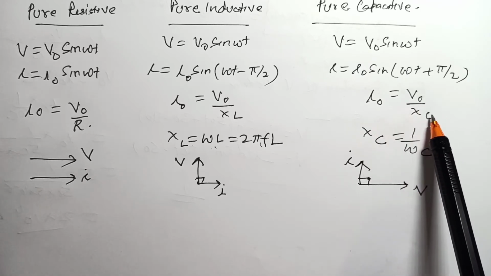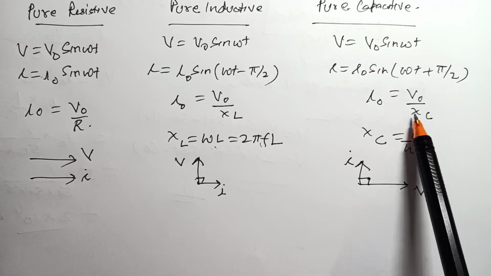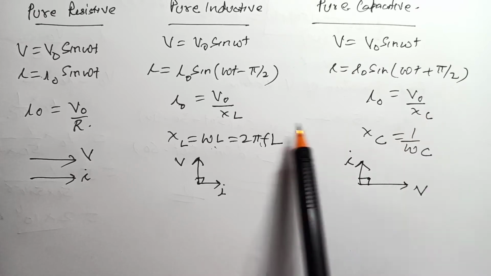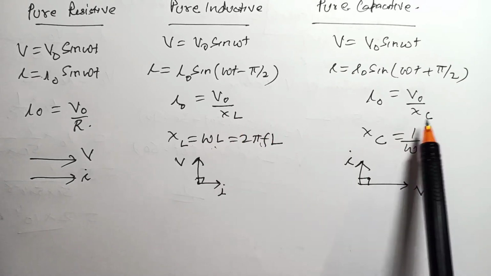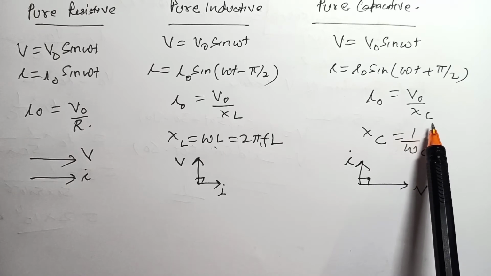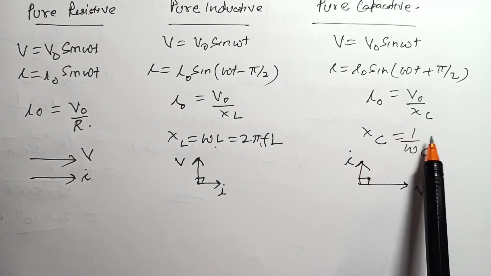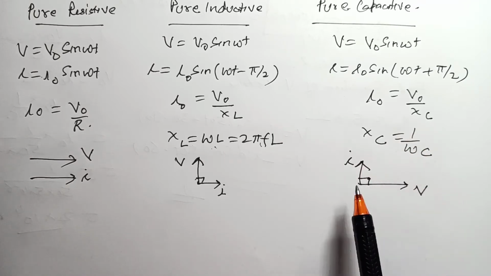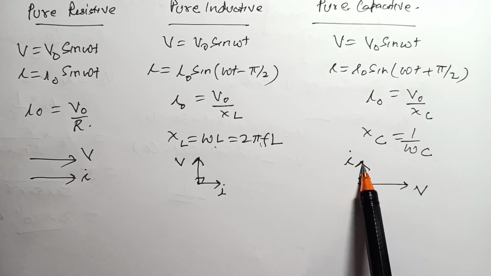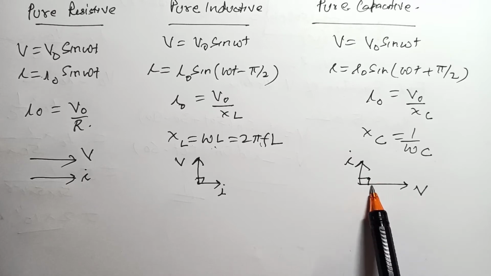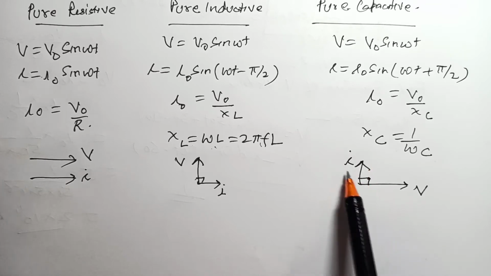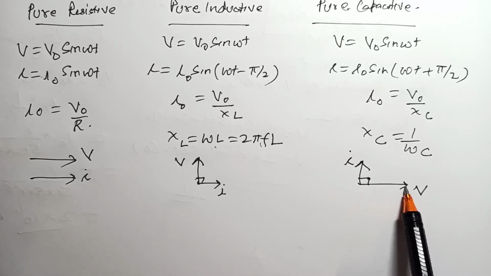I naught is equal to V naught by XC. Similar to XL here, here it is XC. XC is nothing but 1 by omega C.